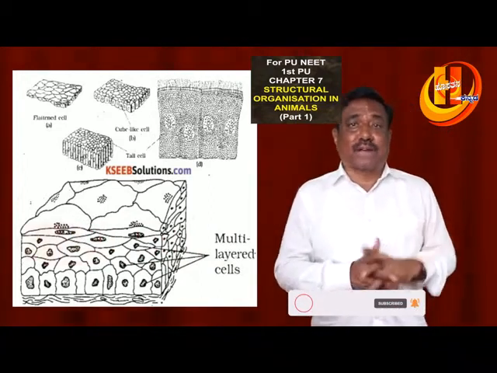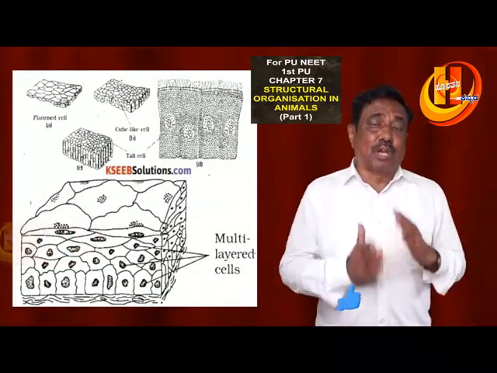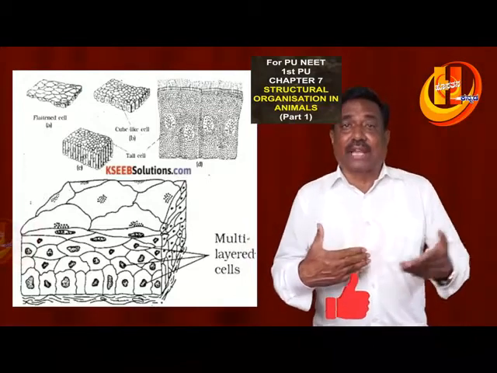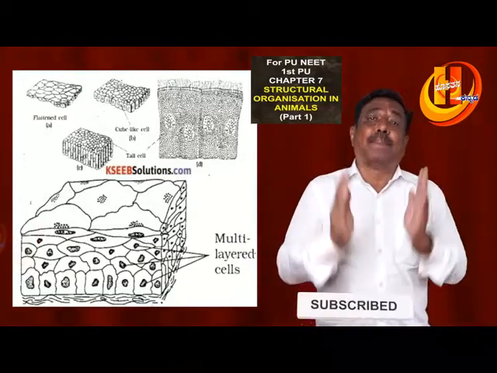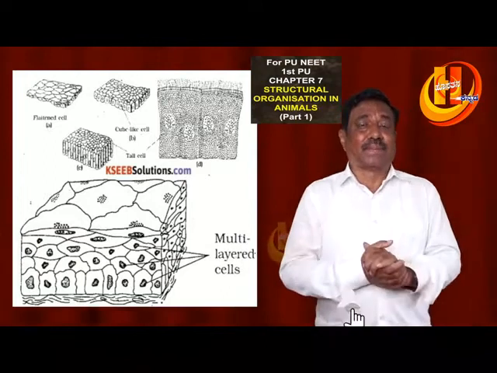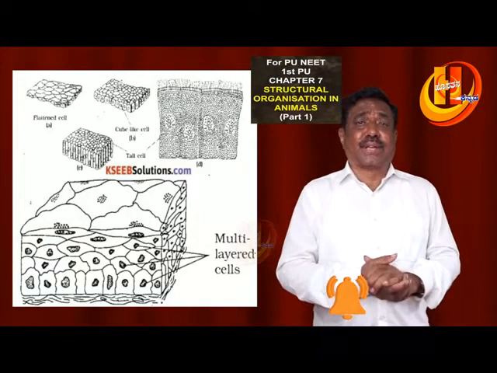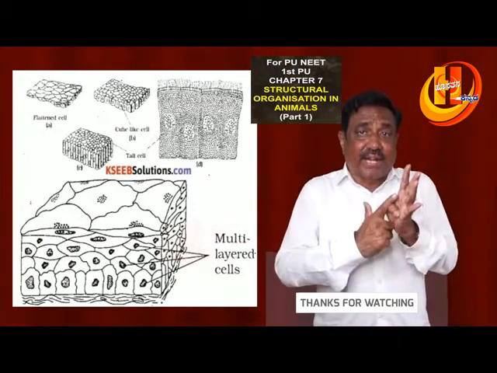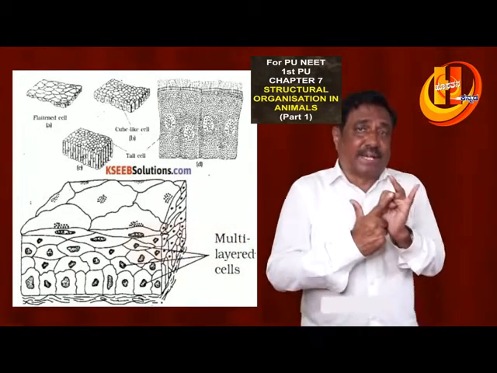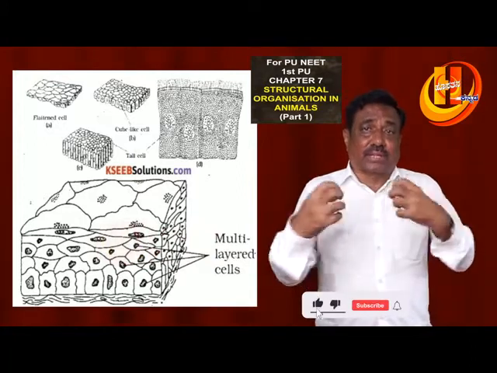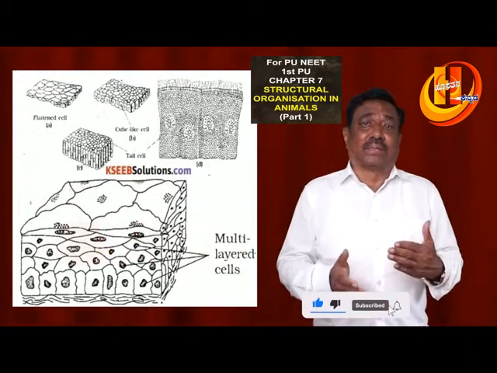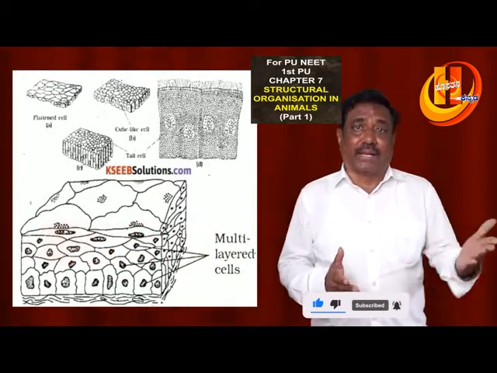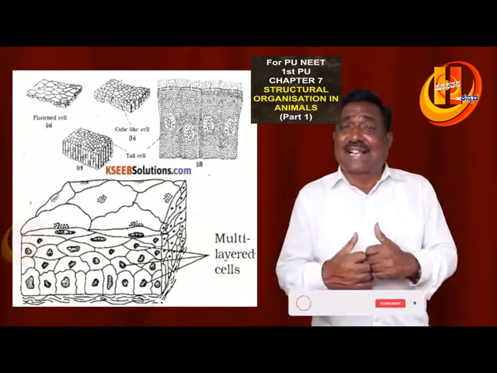Epithelial tissue composed of one layer is called simple epithelium, more than one layer is called compound epithelium. These tissues form 3 kinds of joints: tight joint, adhesive joint, gap joint. Tight joints are tight, without any exchange of ions, molecules, etc. between the cells.